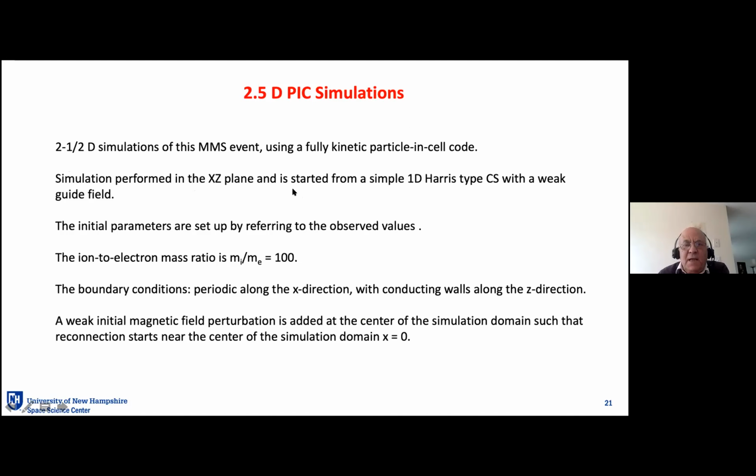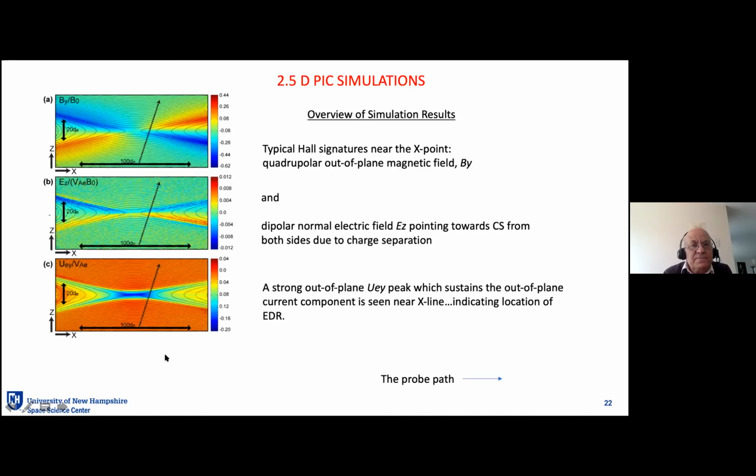And they started from a simple Harris type current sheet. Initial parameters are made by referring to the observed quantities. A mass ratio is this, boundary conditions periodic in X and conductive walls in Z. And we started off with a weak magnetic field perturbation.